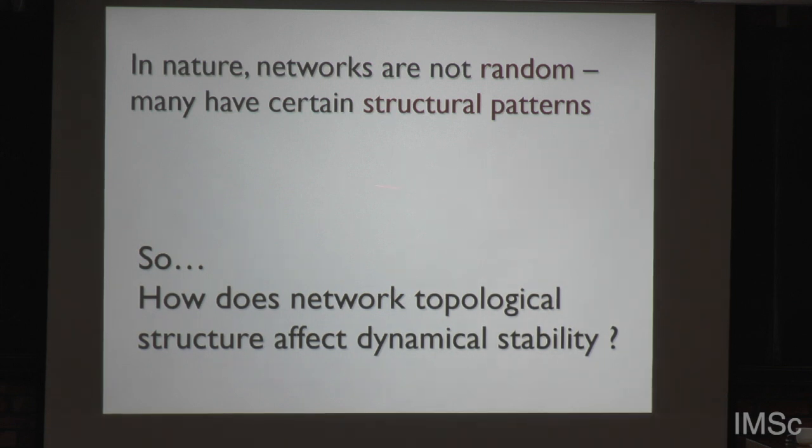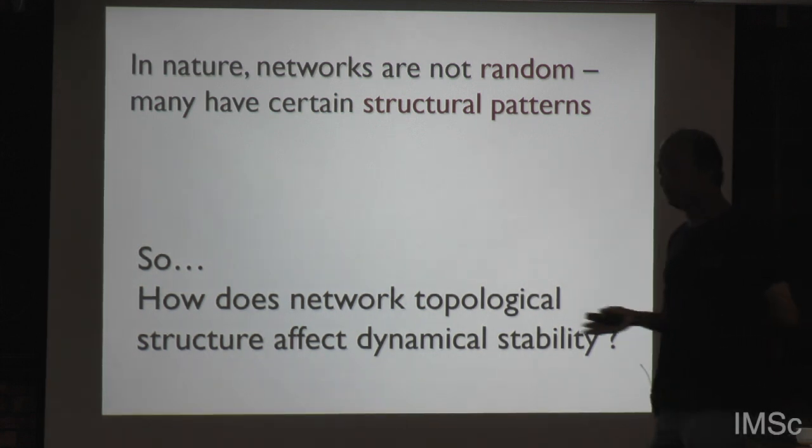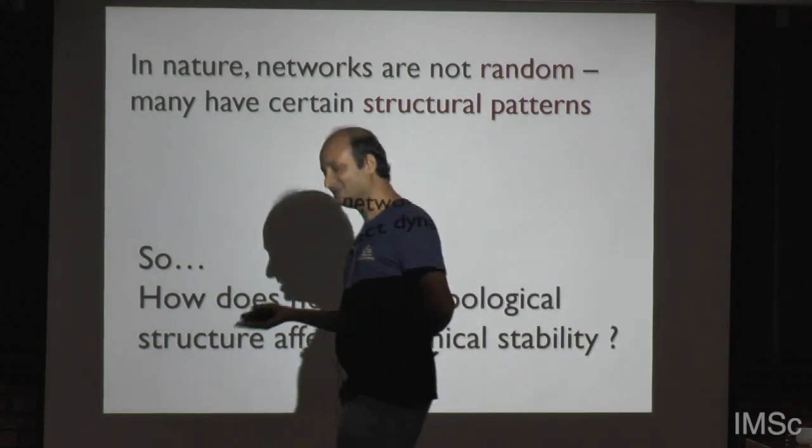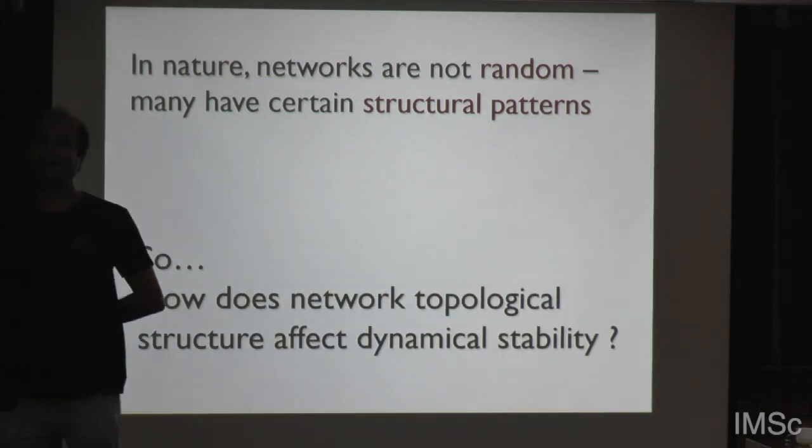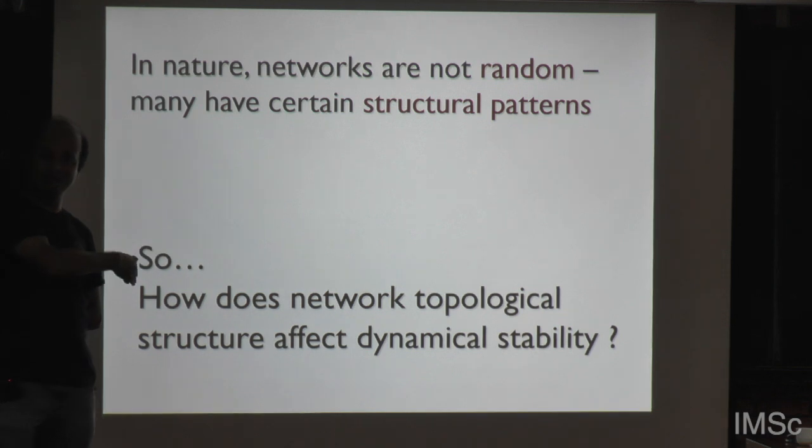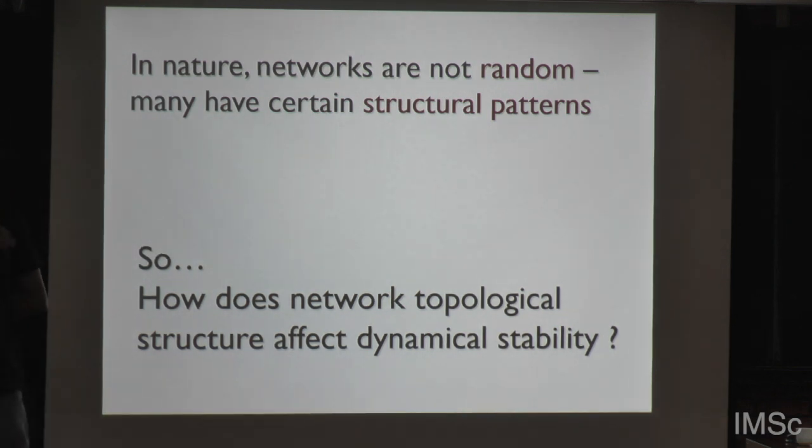So one can ask, how does assumption of various kinds of topological structures affect dynamical stability? Until about 98, even though you knew about all these challenges, there was nothing much you could do, because the only models available for networks were either the random network, which May had already assumed, or the regular networks, which ecologists and mathematicians all agreed was a very bad model for ecological networks. So that's how things stood.